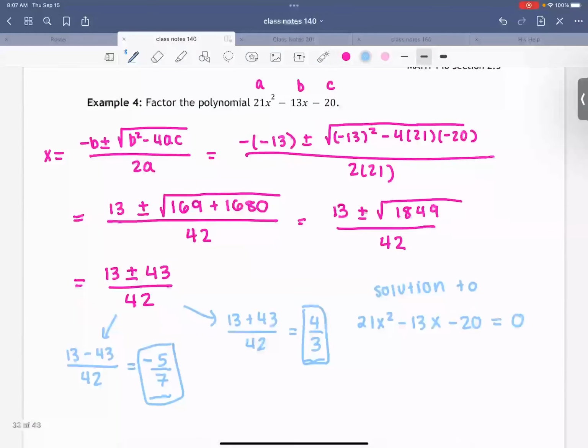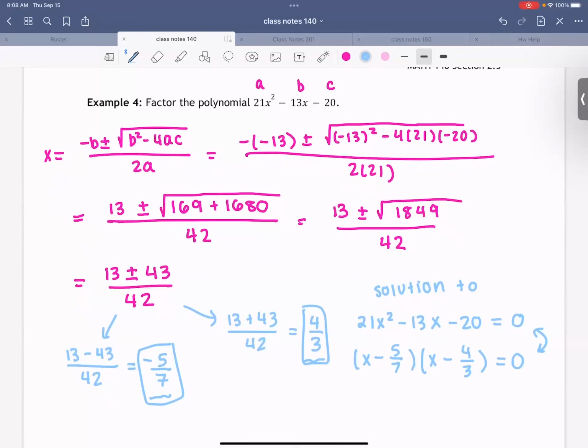Can we all agree that maybe this, x minus 5/7 times x minus 4/3 equals 0? Can we agree that those two equations have the same solution? The answers to this guy are 4/3 and negative 5/7. The answers to this equation are also 4/3 and negative 5/7, right? Why is the minus 4/3?